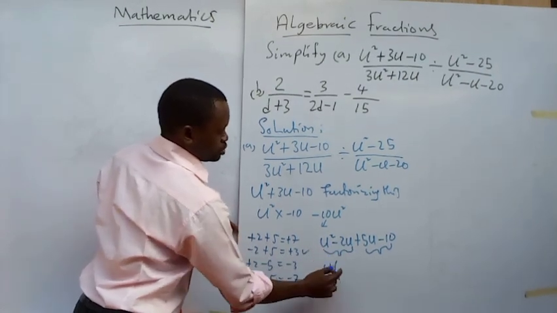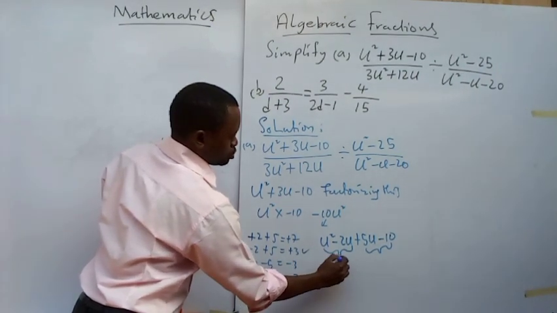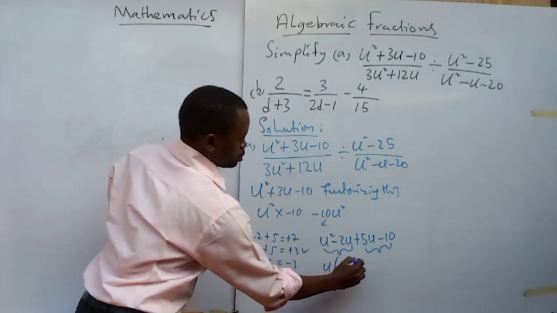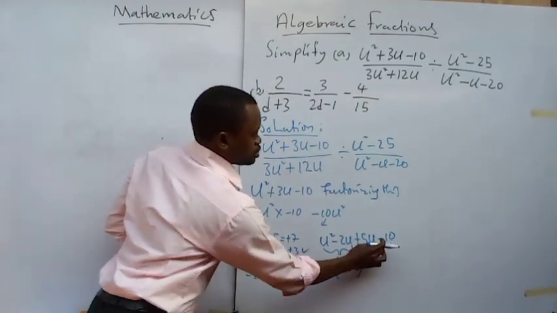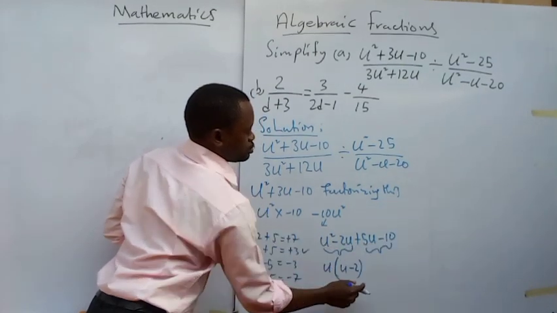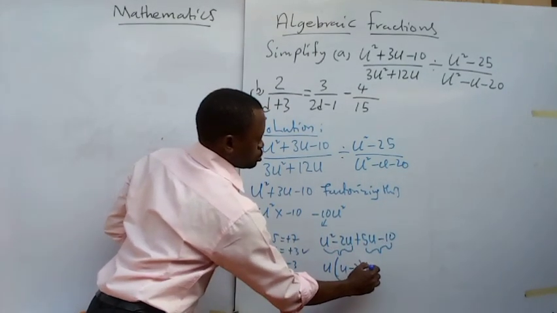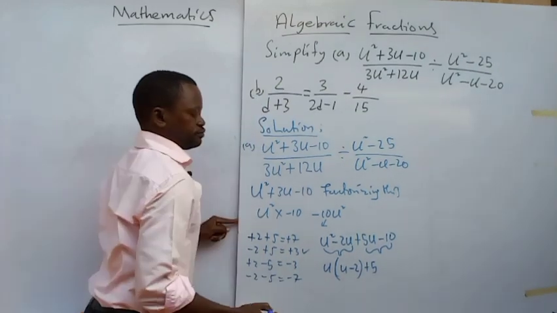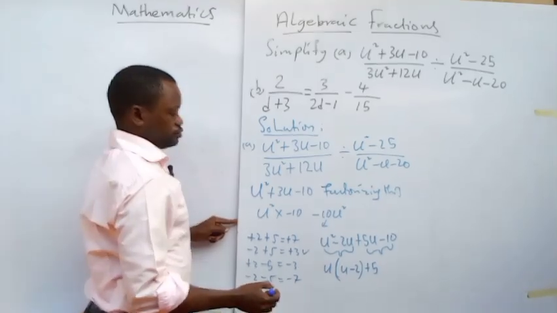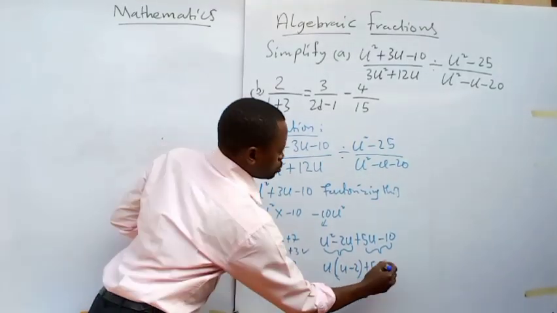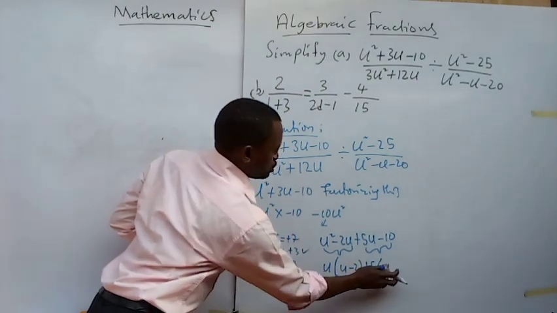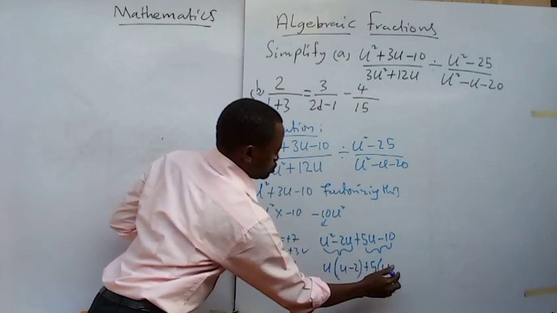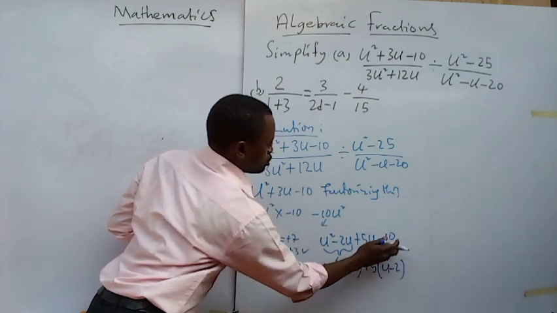Then you have here u in brackets u minus 2. What's the HCF between 5u and minus 10? You can see that it is plus 5. Inside the bracket, you also have u minus 2, because 5 times this will give you this, and 5 times minus 2 will give you minus 10.